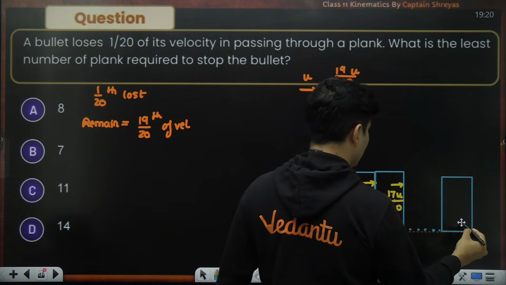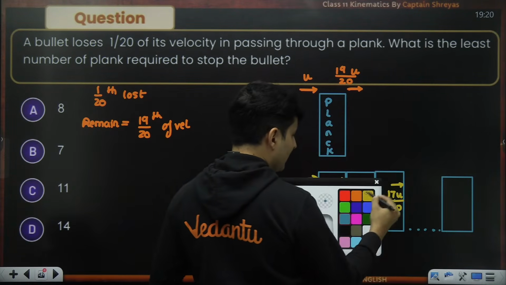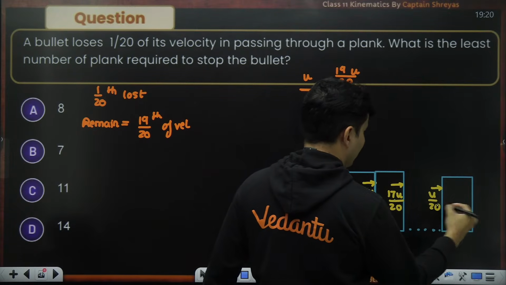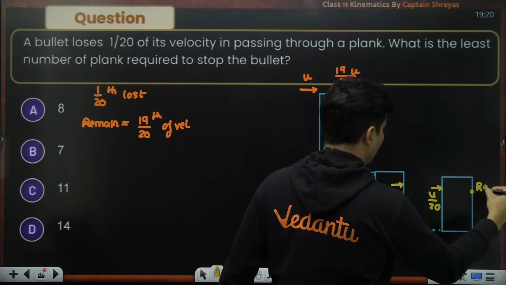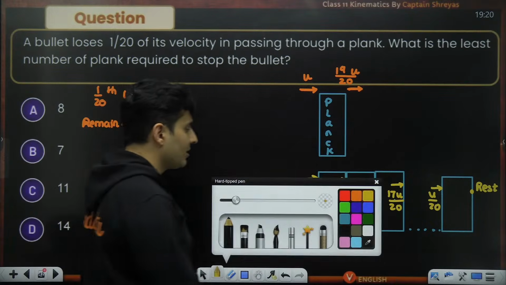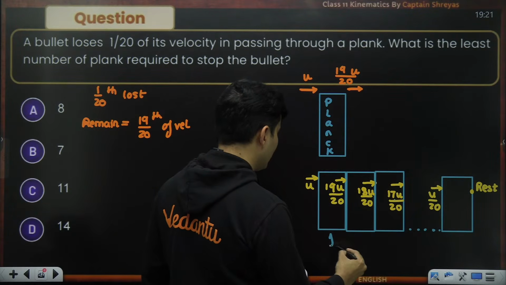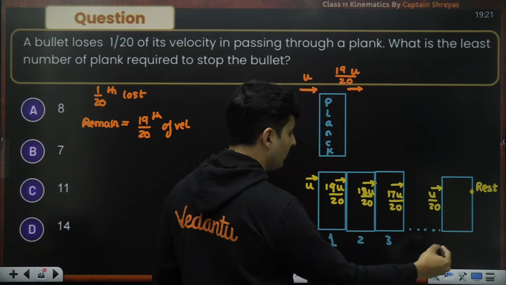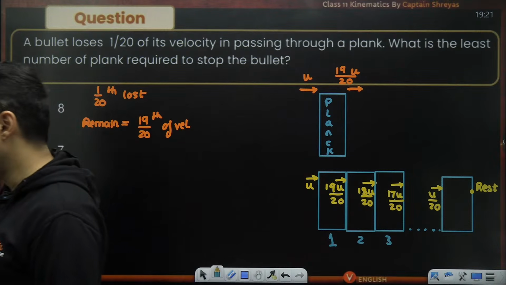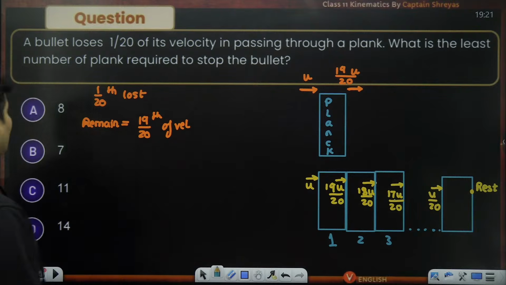It's now very obvious, guys. Think about it. At the last plank, u/20 speed will be there, and finally it will come to a halt. It will lose everything that it had. So how many planks do you think you will need? This was the first plank, this is the second plank, this is the third plank. What will be the last plank, guys? Think and tell me.